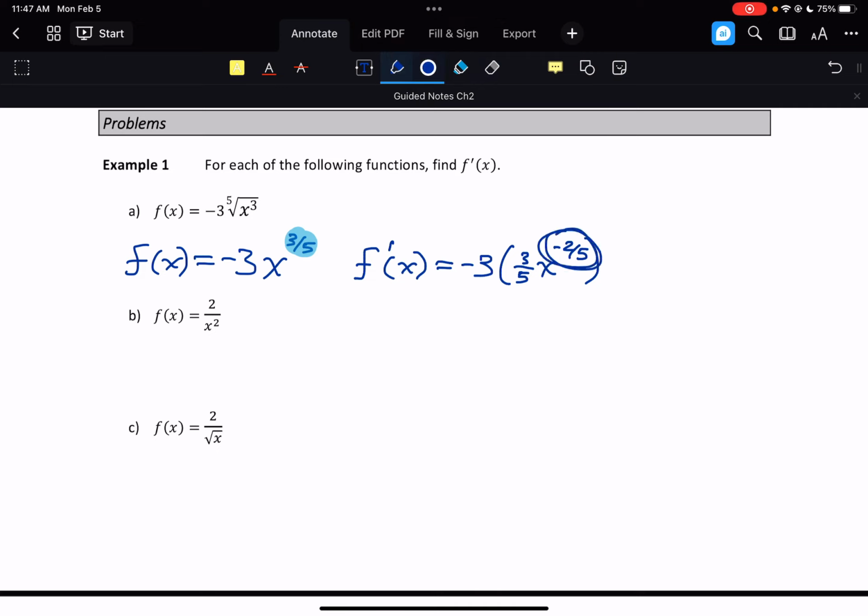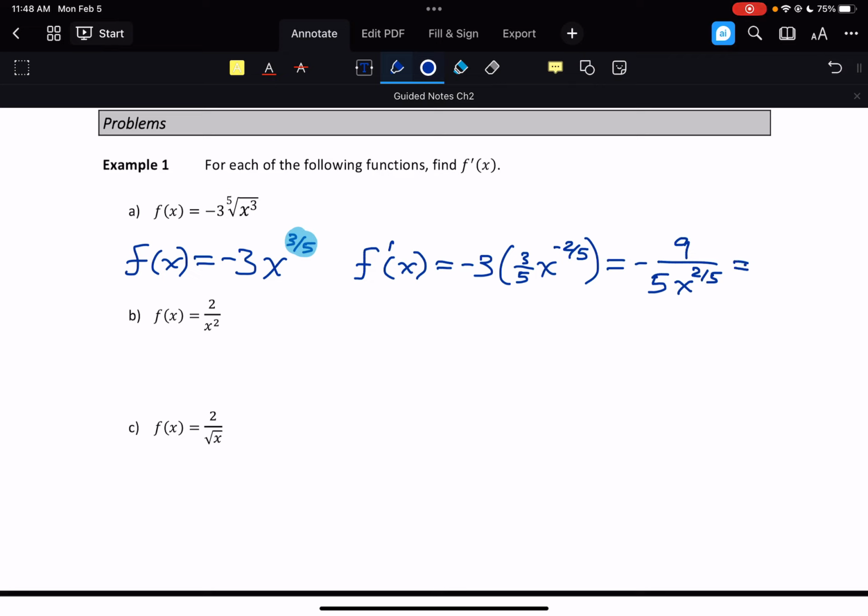And then when you have a negative power like this, we need to move this object back down to the denominator so that we can keep its positive power. So we get negative, I'll go ahead and combine these right now. So that's negative 9 over 5 x to the 2/5. And then the problem gave it to us in terms of the radical notation.